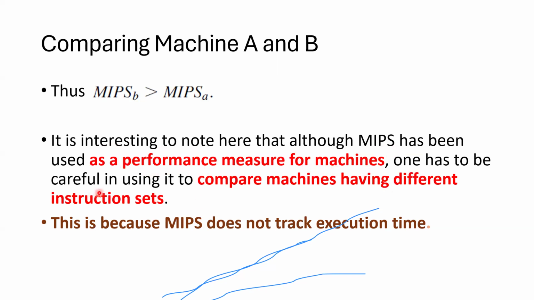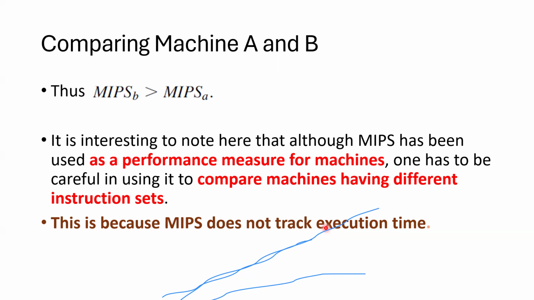One has to be careful in using it to compare different machines having different instruction sets. The reason why you need to make sure that the instructions for both are equal is because MIPS does not track execution time. So if execution time is different, I'll get different values.